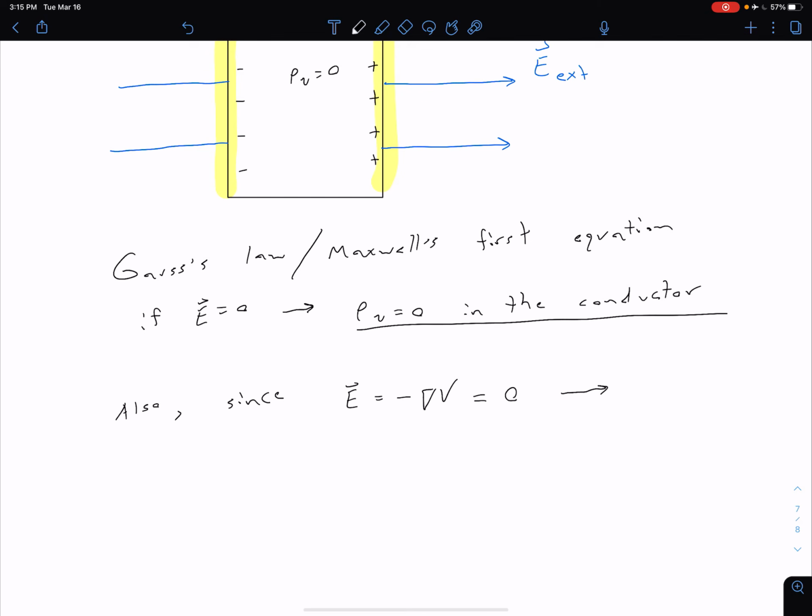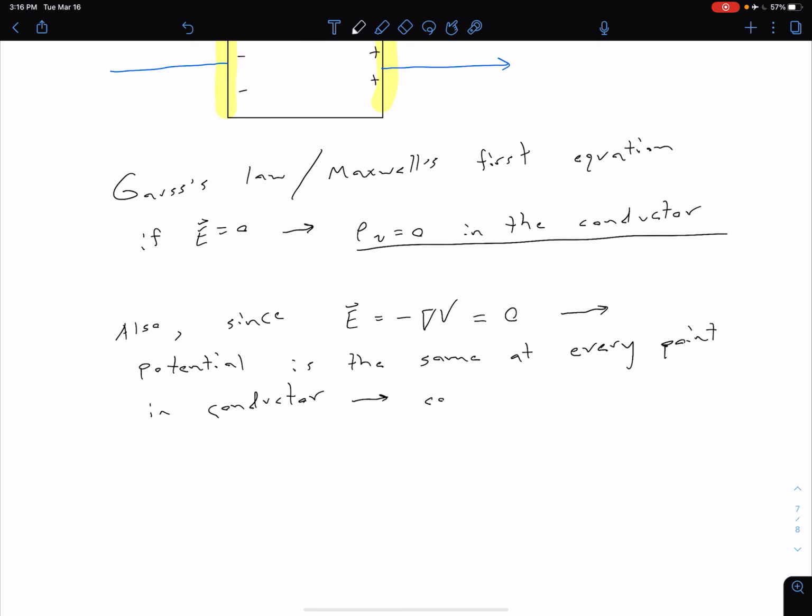What that tells us is that our potential is the same at every point in our conductor. Another way to say that, which we'll often write, is that our conductor is an equipotential body.